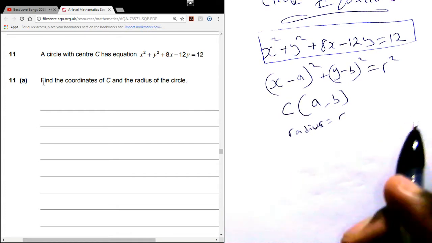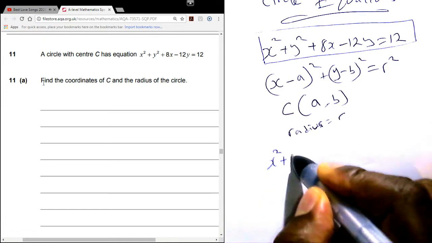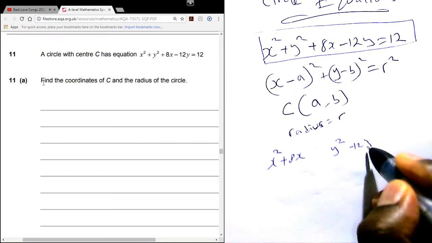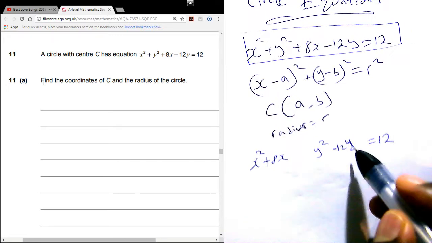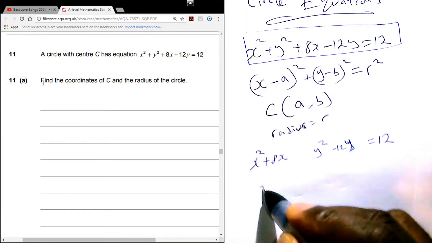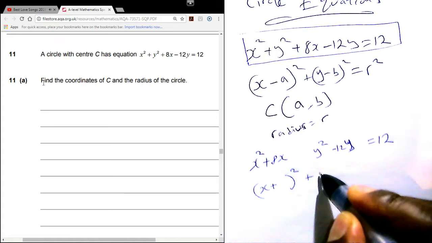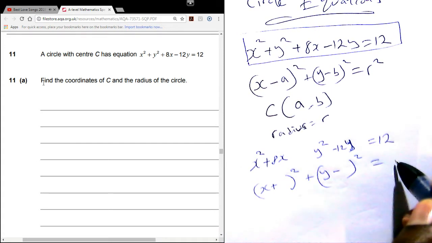It's very useful. So I have x squared plus 8x. I have y squared minus 12y. And I have 12 on that side. But I want to write it as x plus something squared plus y minus something squared equals something.